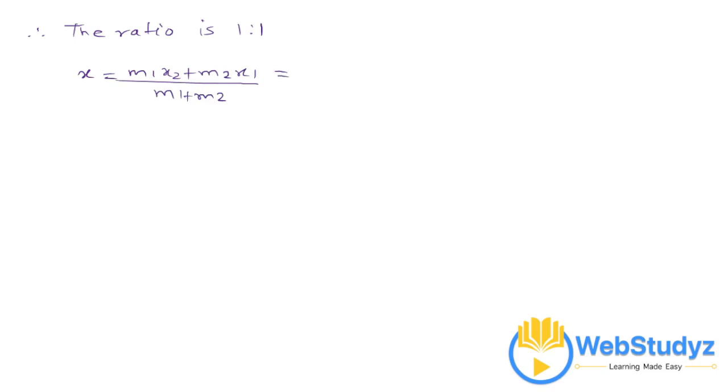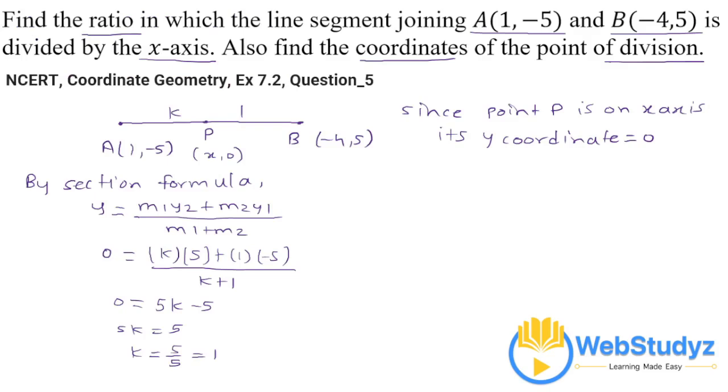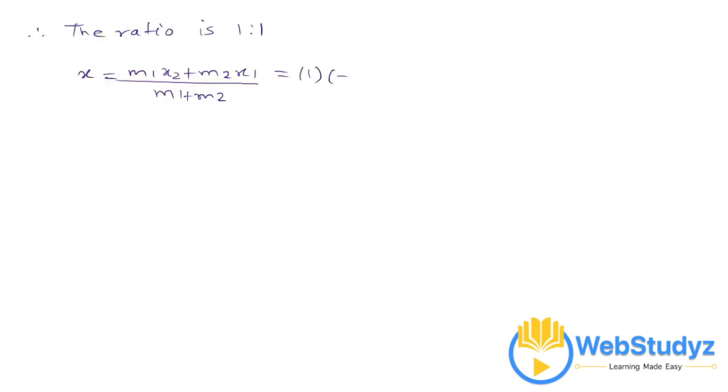We have found the value of k, which is 1. So this will be (1 into x2, which is -4, plus 1 into 1) divided by (1 plus 1), which is 2. Therefore the x coordinate will be (-4 plus 1) divided by 2, which is -3 upon 2.